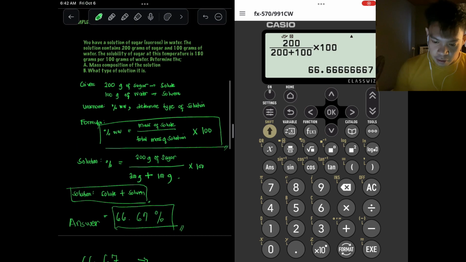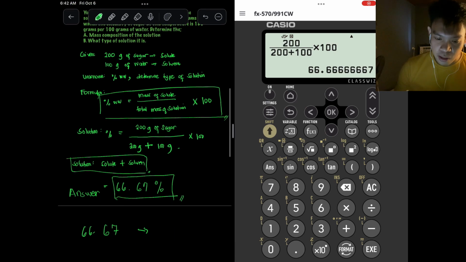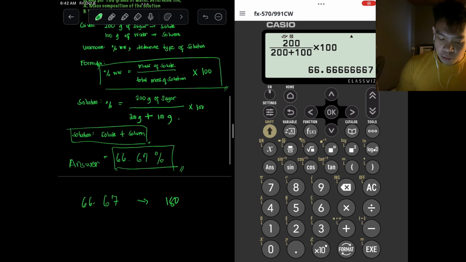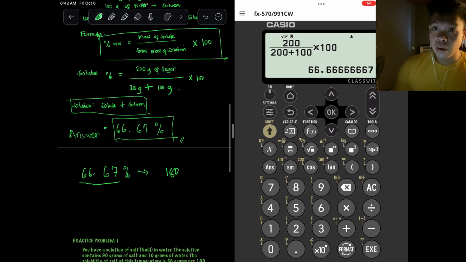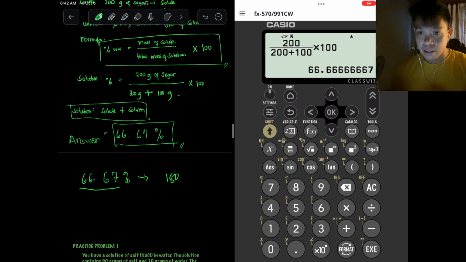We all know that this percentage, 66.67, is less than the solubility value given in this problem. So there is less solute in the concentration.